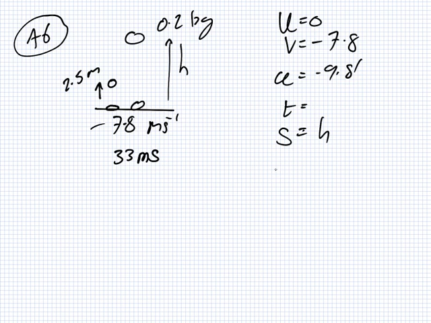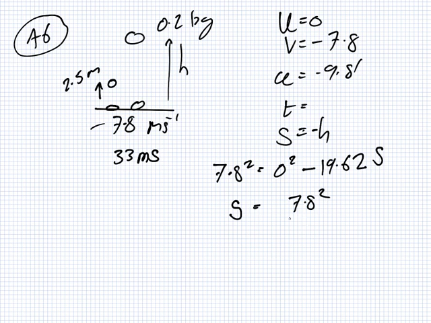Alright, well that's U, V, A, T, S. I suppose minus h since it's going down. So, what will I use here? V squared equals U squared plus 2AS. So S equals 7.8 squared over minus 19.62.